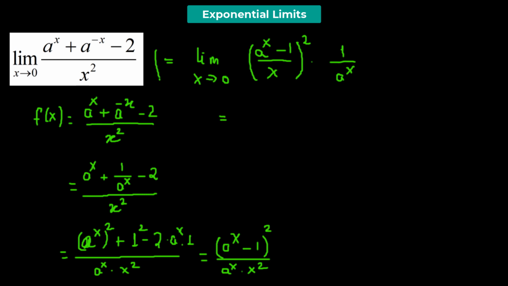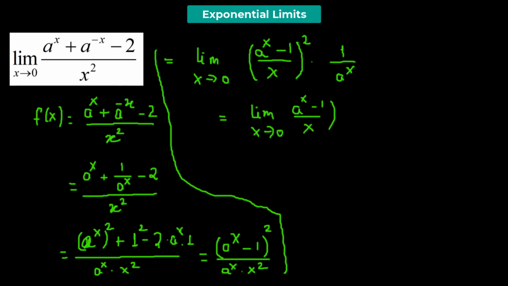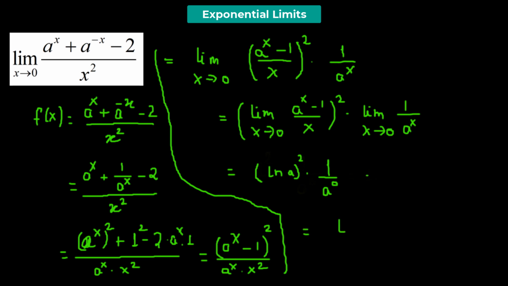So when we apply the limits, we have limit x approaching 0, a raised to the power of x minus 1 over x whole squared, multiplied to limit x approaching 0, 1 over a raised to the power of x. So this is equal to the natural log of a whole squared multiplied to 1 over a raised to the power of x. So x is 0. So our final limiting value is natural log of a whole squared.